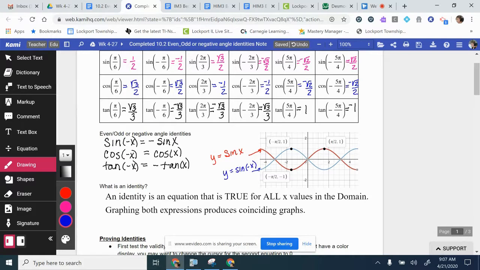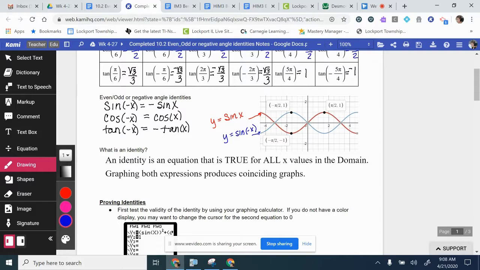And if you notice, we could take this blue one here, and we could get that blue graph by taking the red one and putting the minus in front of the sine function, because that would reflect our parent sine function in our midline, y equals 0, and it would produce that blue graph.